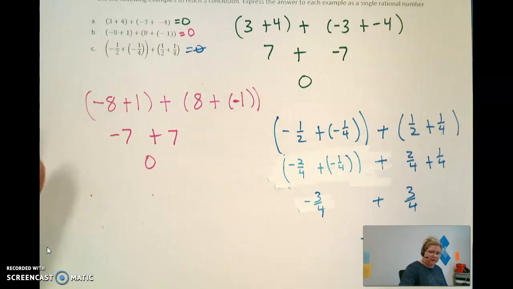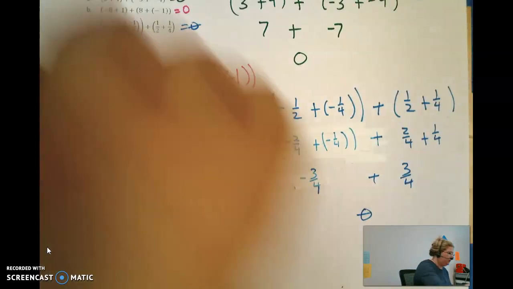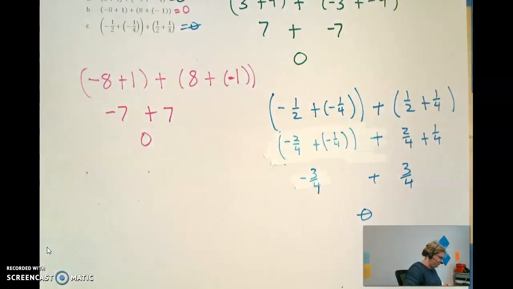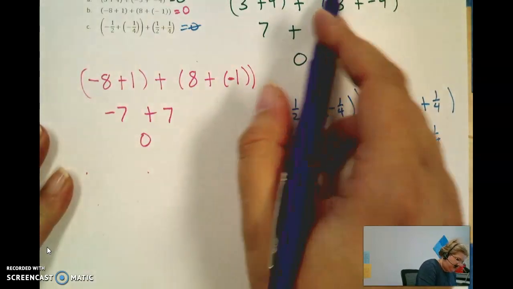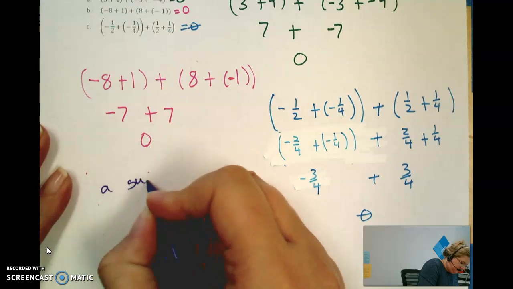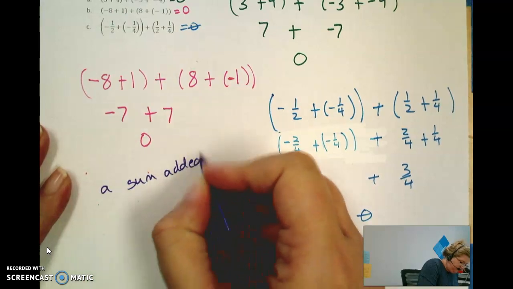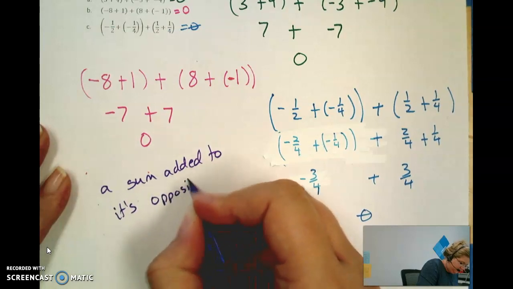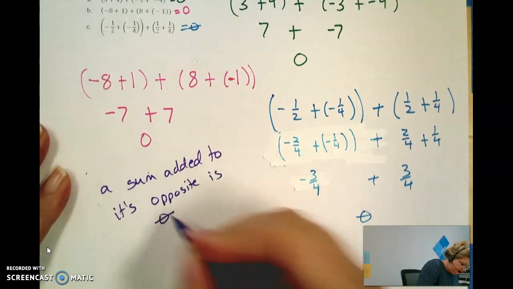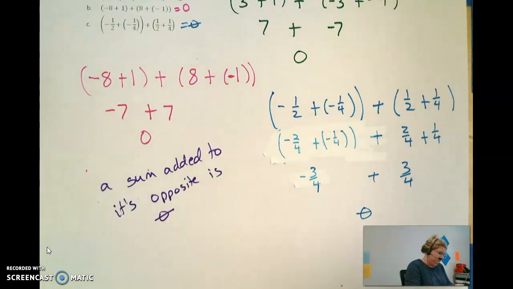So, what I can conclude from all of this is the following. A sum added to its opposite is 0. A sum and its opposite are additive inverses. Again, a sum and its opposite are additive inverses.